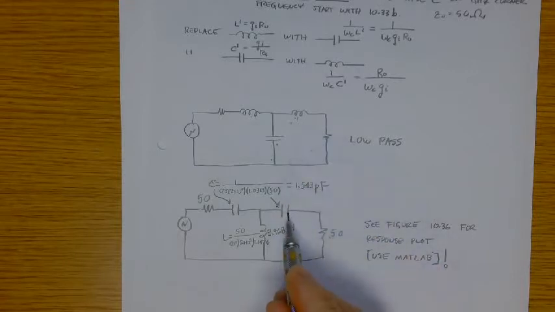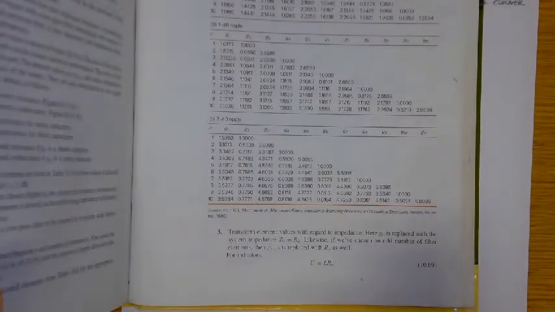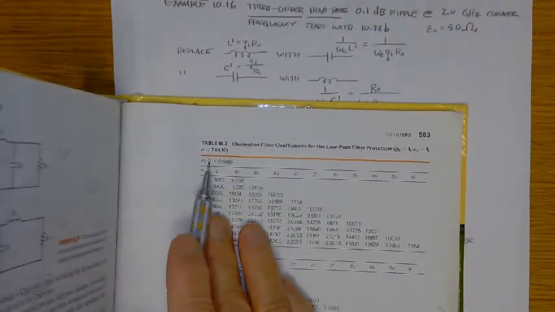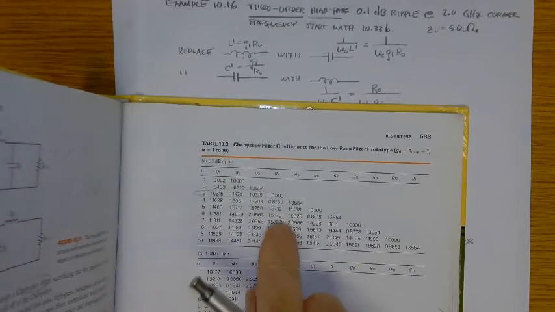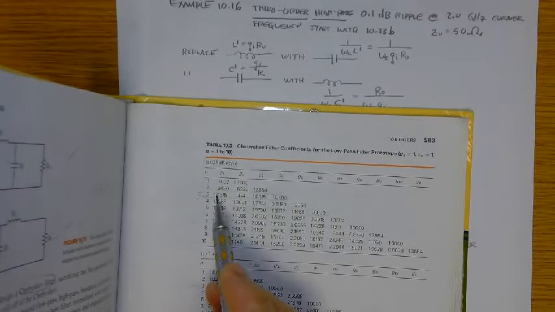Third order, go to the table, 0.1 dB ripple. That puts me in the A table. So G1 is 1.0315, then 1.1474, and 1.0315 again.